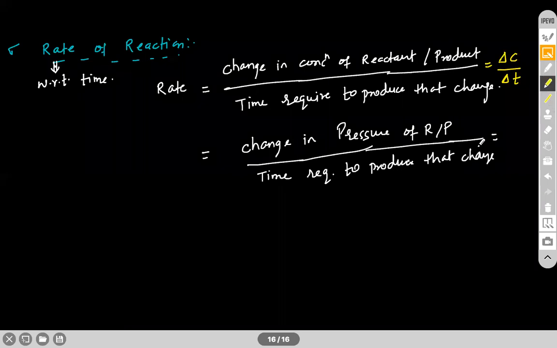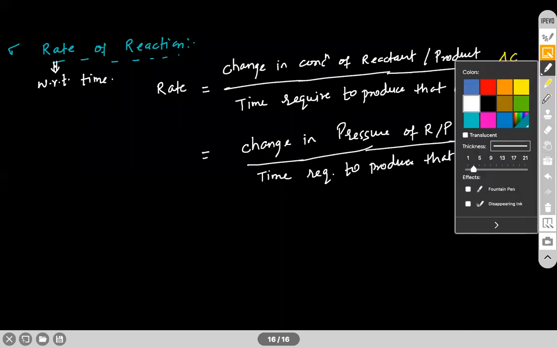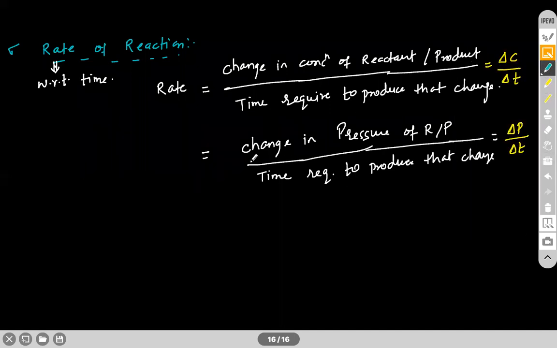That should be equal to delta P by delta T. Clear? So this second formula we use for gaseous phase reactions.